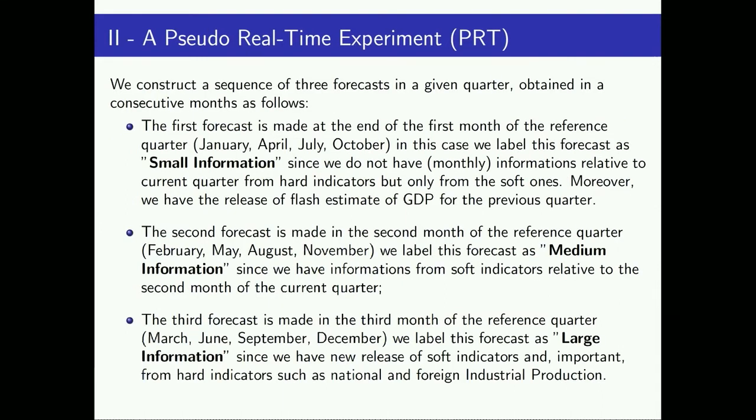We have three situations when we run a pseudo real-time exercise: small information, medium information, and large information. Small information is when we do not have monthly information relative to the current quarter from hard indicators like industrial production, for instance, January.